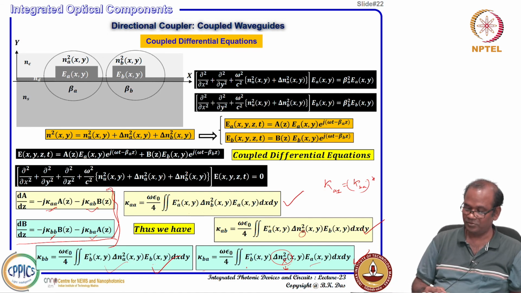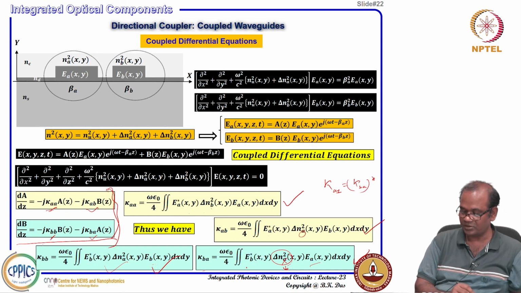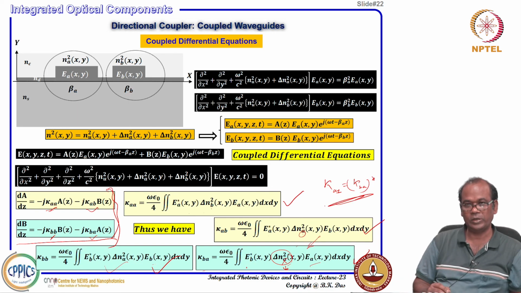And if the waveguides are identical, then you can write also kappa AA star equal to kappa BB star. In the normal case, they are actually complex conjugates, almost nearly, if identical. Of course, if this is identical, delta nA square and delta nB square should also be identical, then only you can see this.